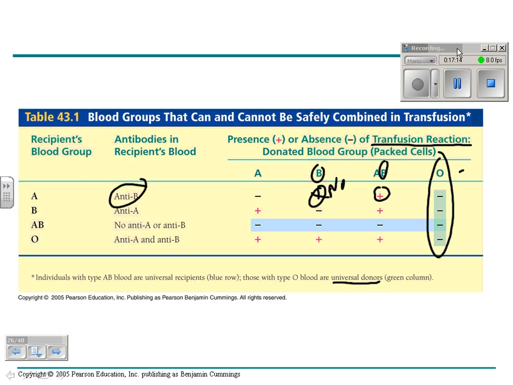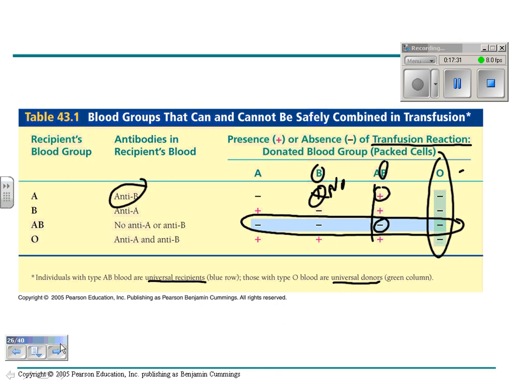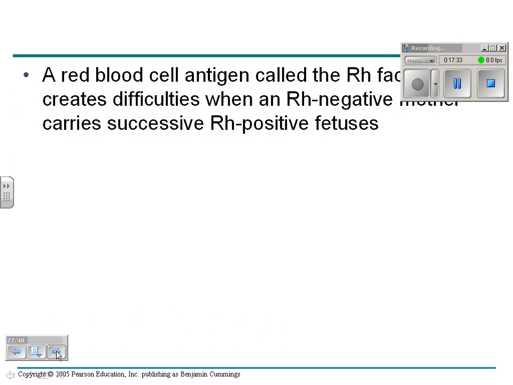Notice AB has no reaction across this way. That makes AB the universal recipient. They can receive blood from anybody. There's also something called the RH factor, which makes people either positive or negative.